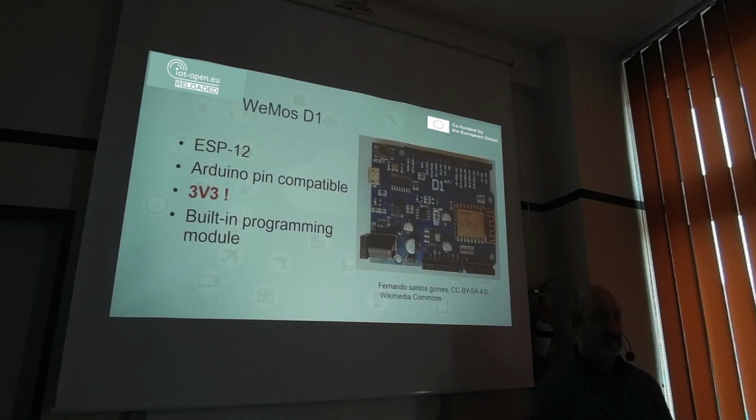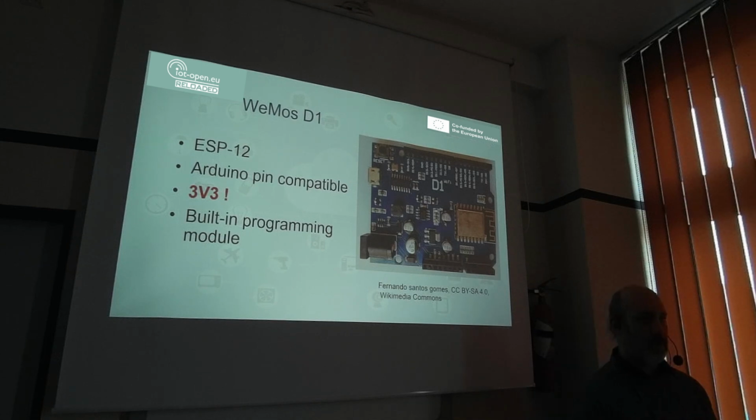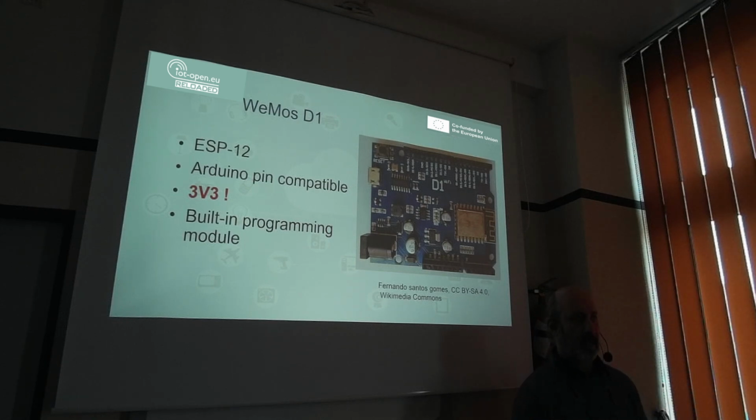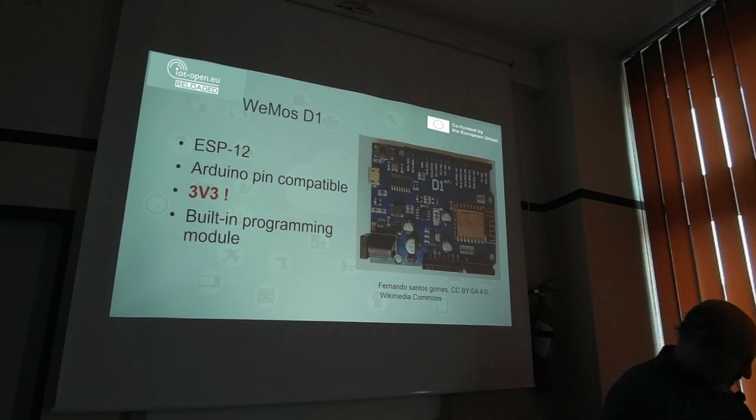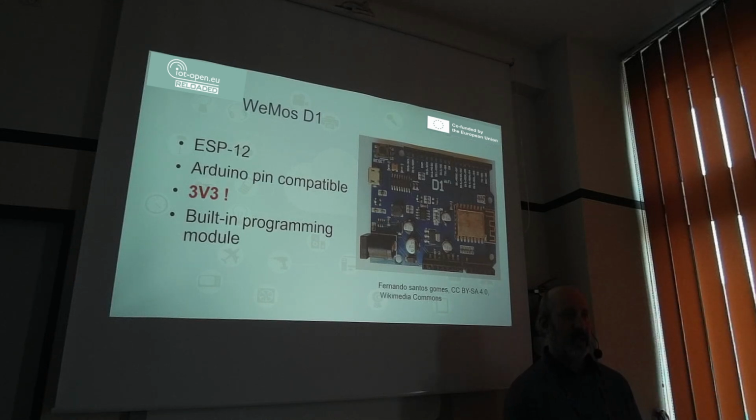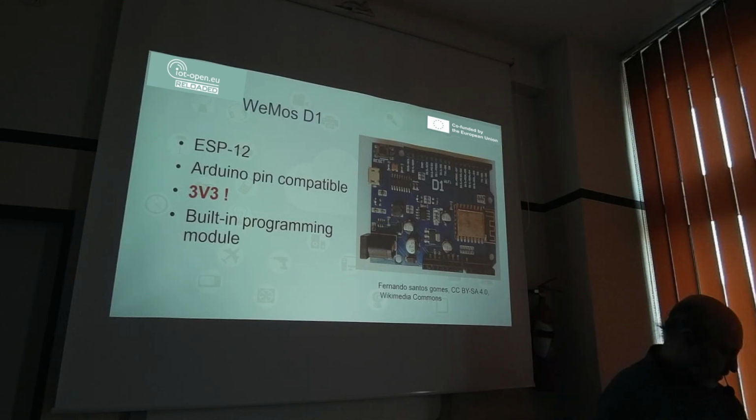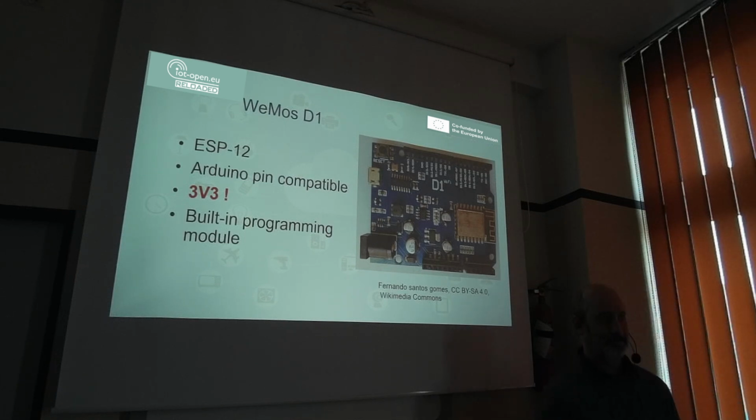Very popular, interesting board, Wemos D1, and even more popular D1R2. It is, as you can see, based on the similar module here, so ESP12, but the overall shape of this board is like Arduino.